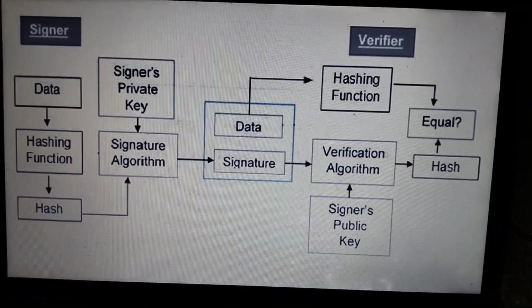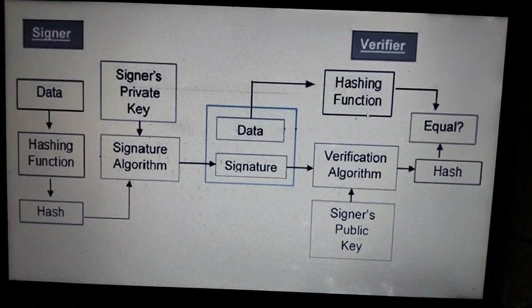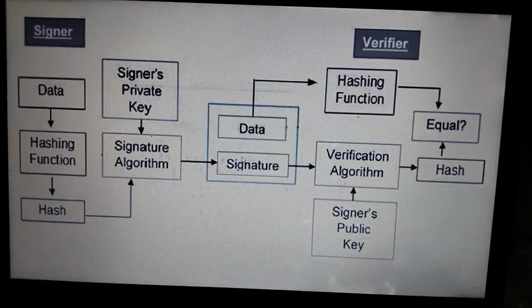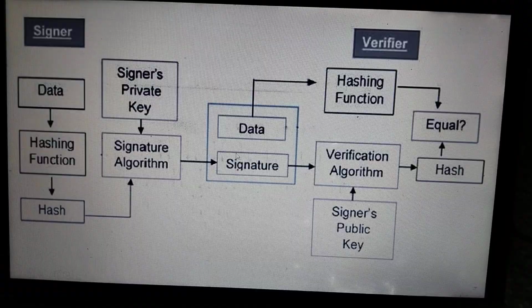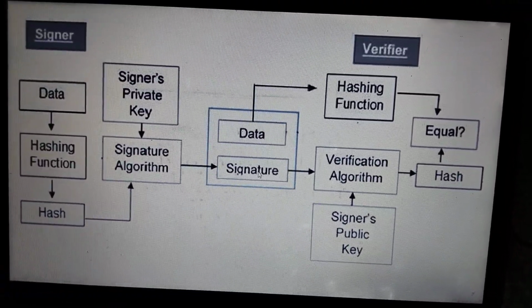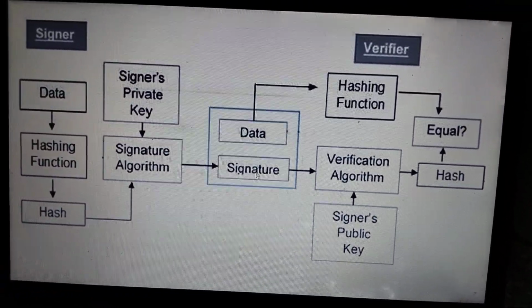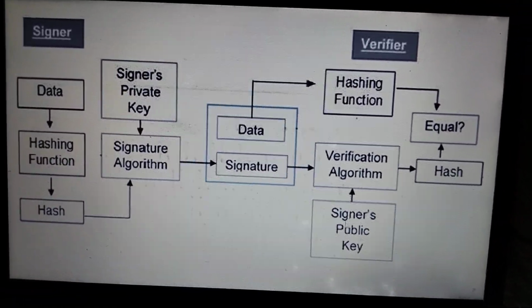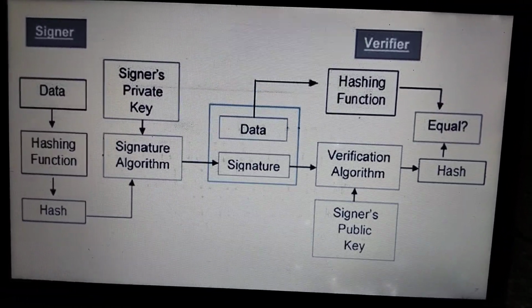The receiver side maintains a verification algorithm to verify whether the right user is sending the information, whether this signature is coming from the right sender. Everything will be verified with the help of the signer's public key.